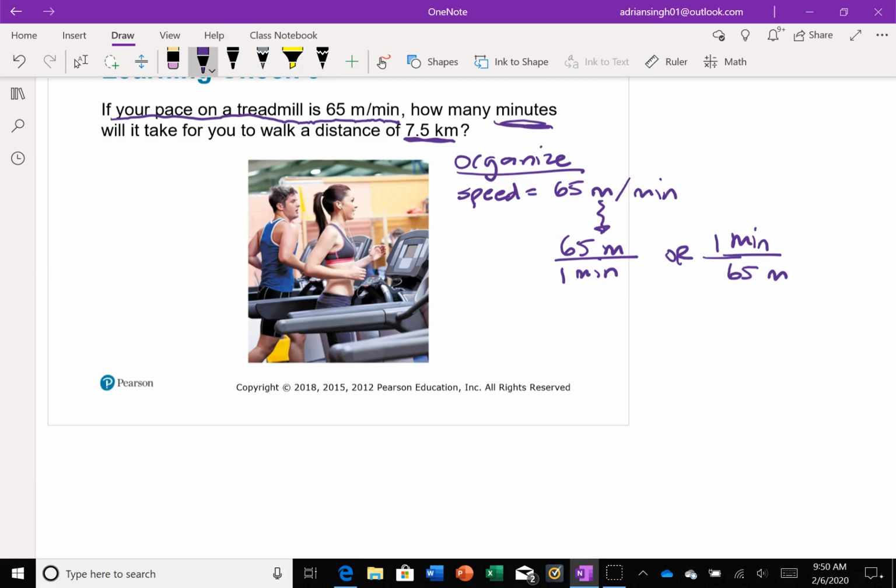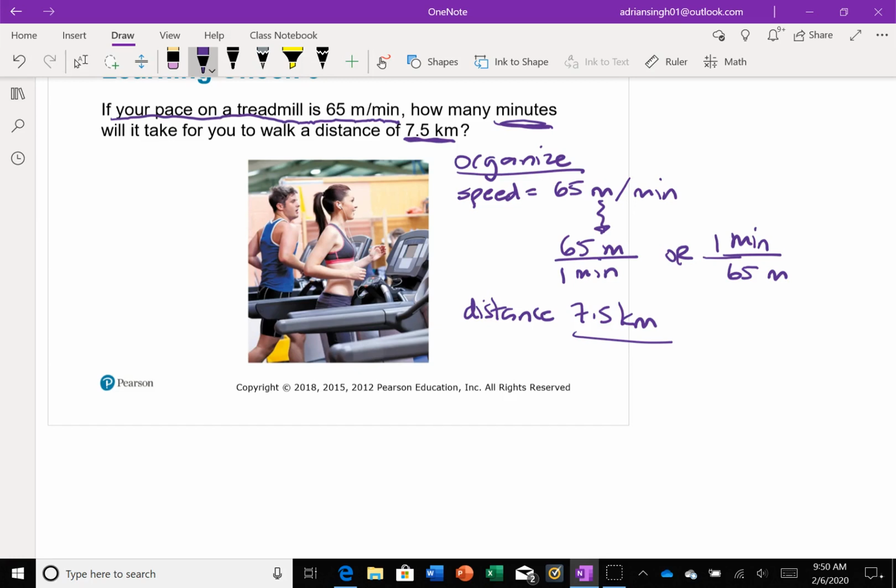We're also given the distance that's walked. So the distance here is 7.5 kilometers, right? So you'll see that the unit here is in kilometers, but our speed was given in meters. So it would make sense, if you have to do this problem, that you get everything to the same unit, right?